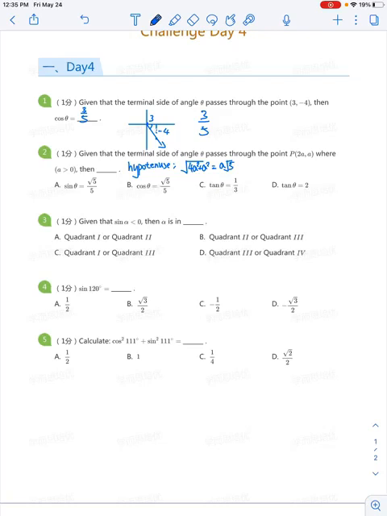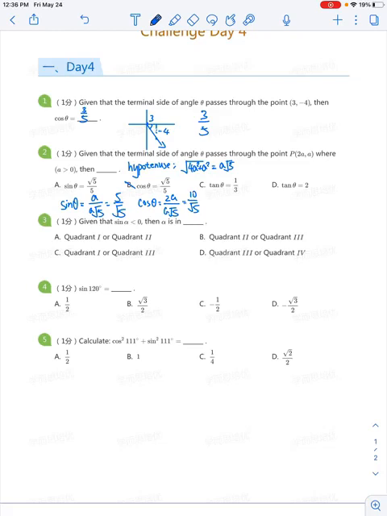Therefore, the sine value is going to be the opposite over the hypotenuse, so a over a multiplied by root 5, and that's going to be 1 over root 5. Okay, so this will be the sine value. And then for the cosine value, we take the adjacent, so 2a over a multiplied by root 5, which is 2 over root 5, so not quite what we have here.